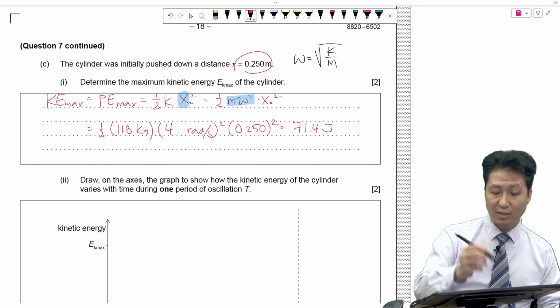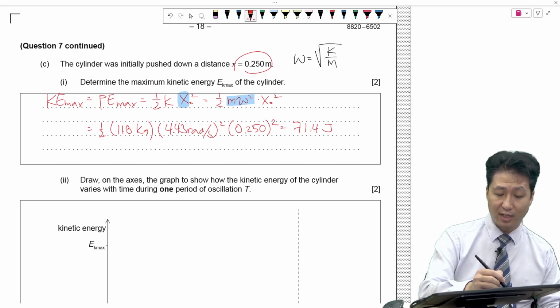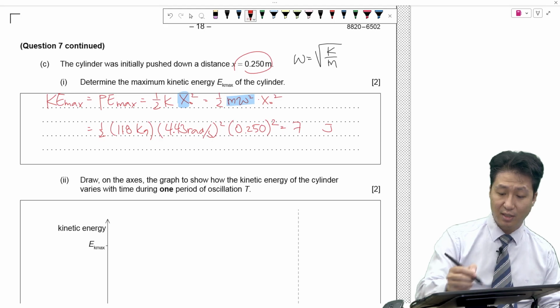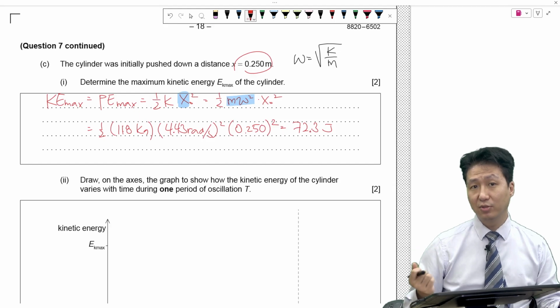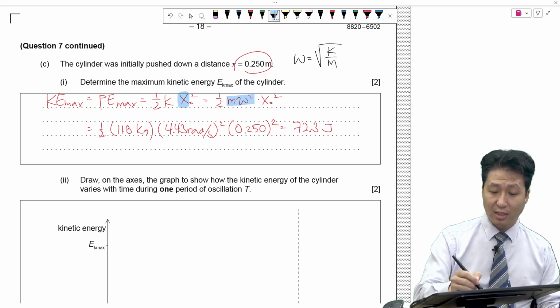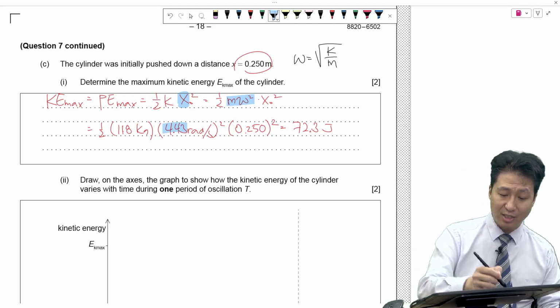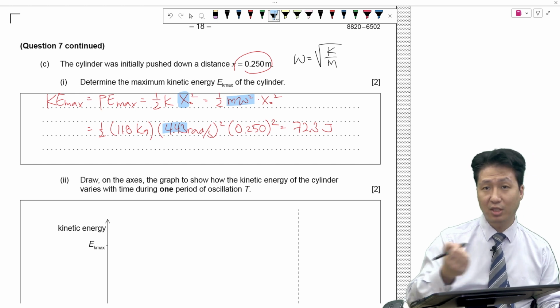What about if you use 4.43? 4.43 would give you approximately 72.3 joules. And it doesn't really matter which one you use, as long as you correctly substitute it and show which value you have used, you can use either one.